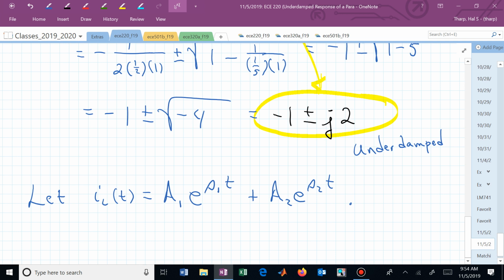But right now, let's just start with this. It's a1 e to the s sub 1 t plus a2 e to the s sub 2 t. a1 and a2 could be complex. They weren't before in our first overdamped case. We found a1 and a2, and let's now see.